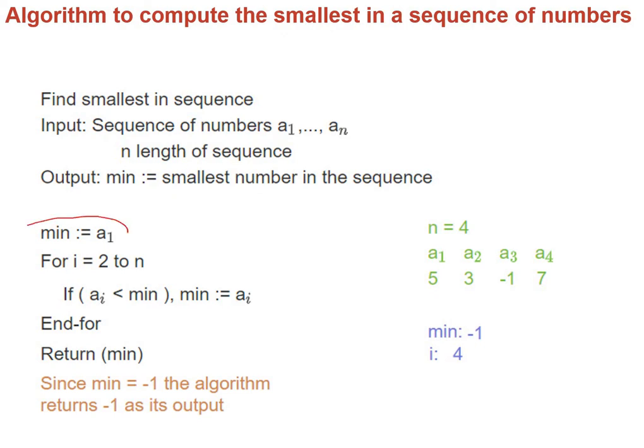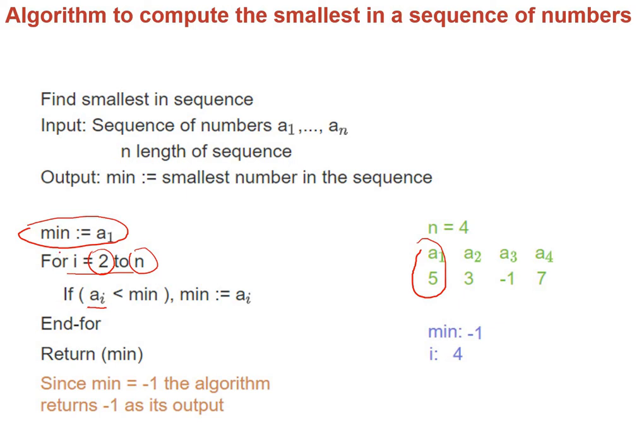We start with the first number in the sequence. We set min equal to the first number. In this sample sequence, we start with the first one, and then we compare it with the second one. This is a loop that runs from the second one to the last one. We compare each number with the min.